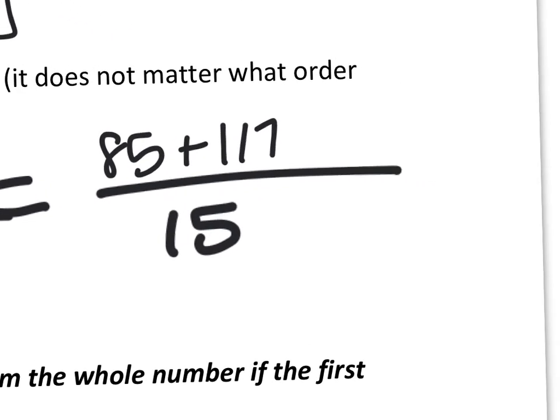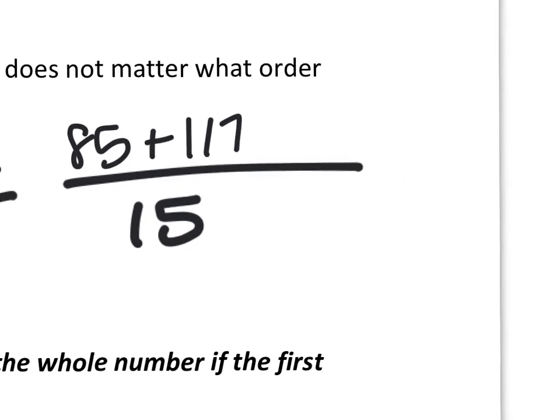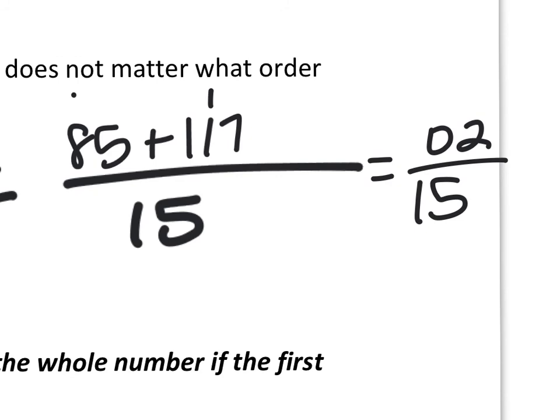So when I add those two together, right, I'm going to have a 15 on the bottom, and 7 plus 5 is 12. Carry that 1. 8 plus 1 is 9, plus another 1 is 10. Carry that 1. And 1 plus 1 is 2.